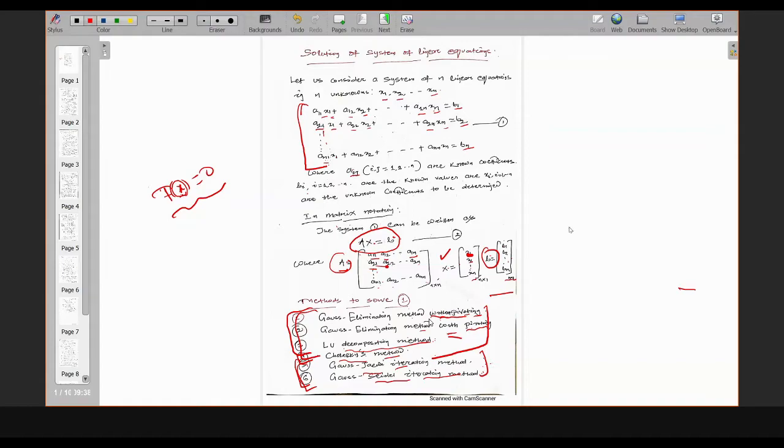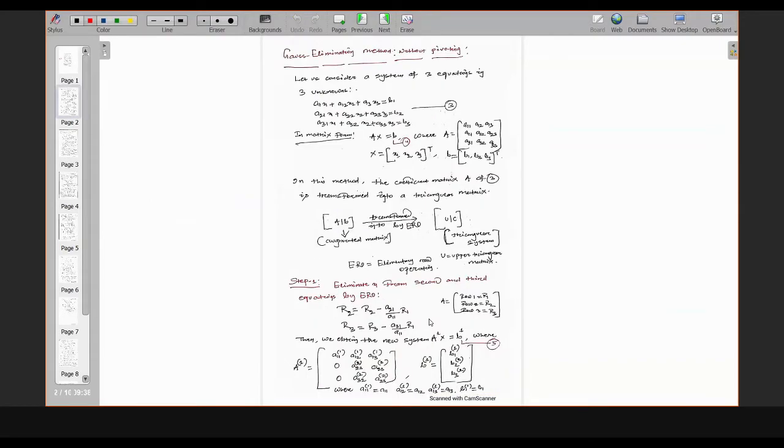Now, first we will discuss what the Gauss elimination method is. To analyze the basic idea behind this method, I consider here a system of three equations in three unknowns, given in equation number 3. Your unknowns are x1, x2, and x3.